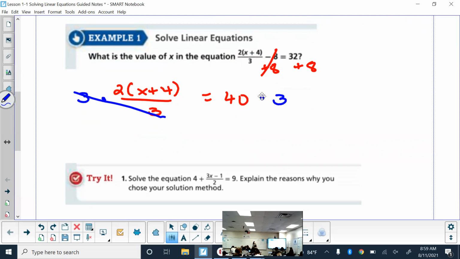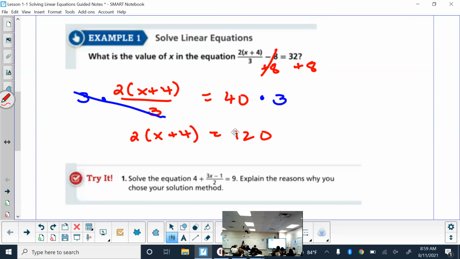Do it on the right side, because whatever you do to one side, you do to the other side. On the left side, what do I end up with? Good. 2 times the sum of x and 4. And 40 times 3 is 120.